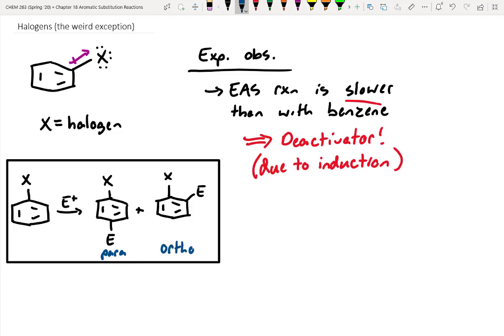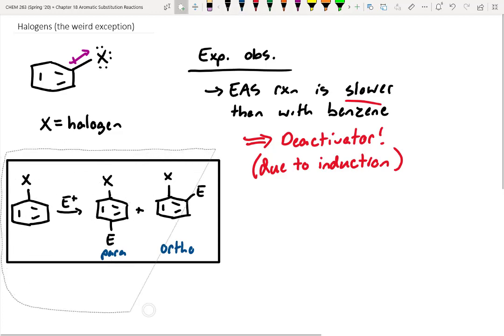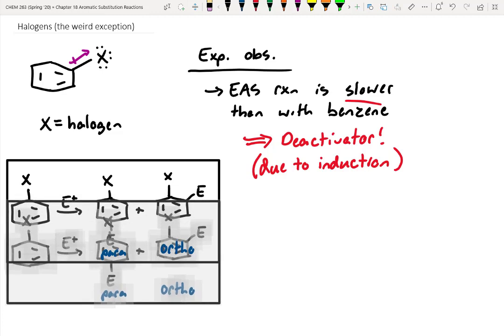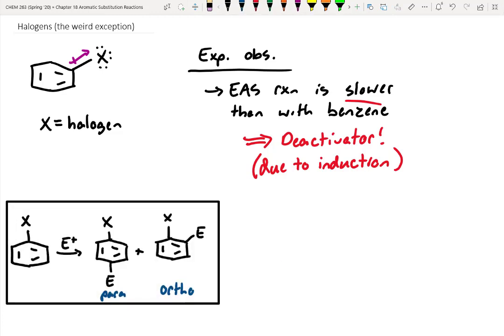Okay, so this is a unique thing, right? If we look at this, in fact, I'm going to slide this whole thing down. This tells us that this is an ortho-para director. So this is the weird thing. Let's go back.